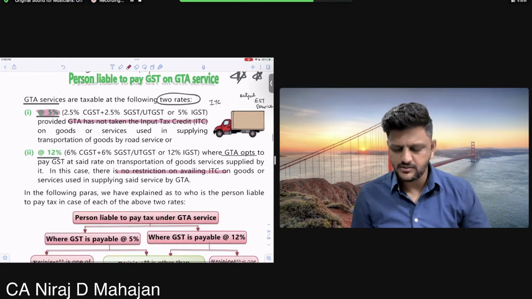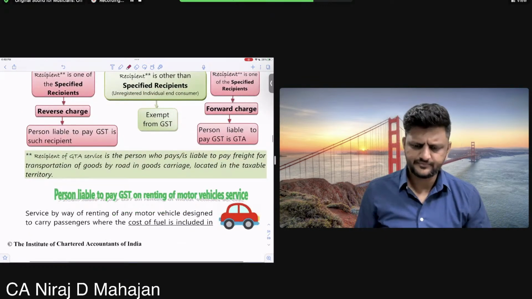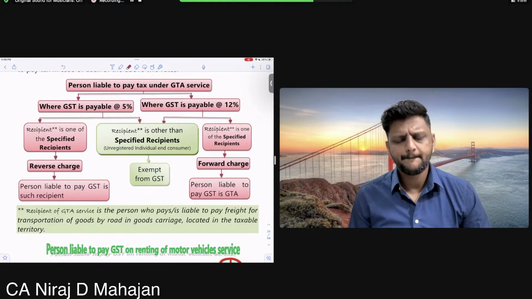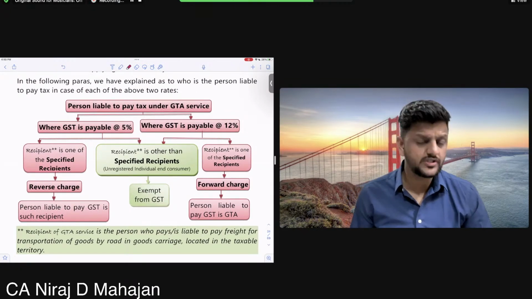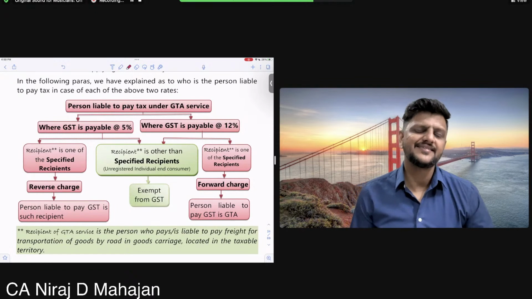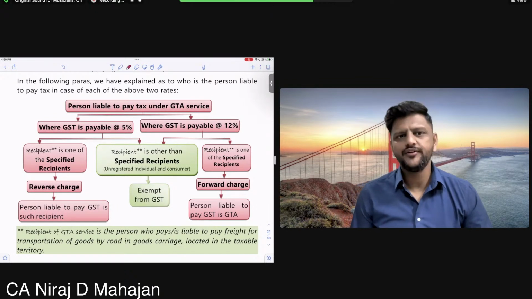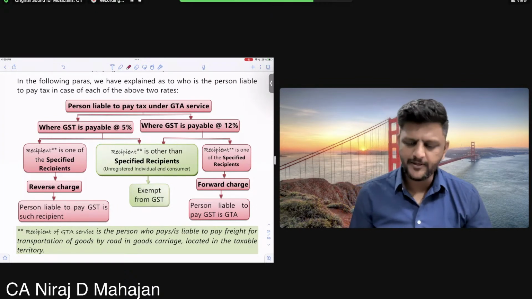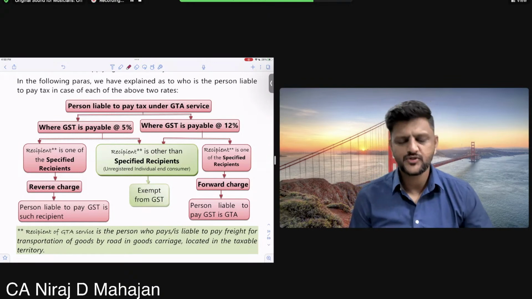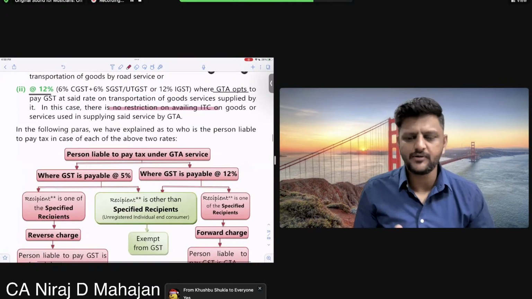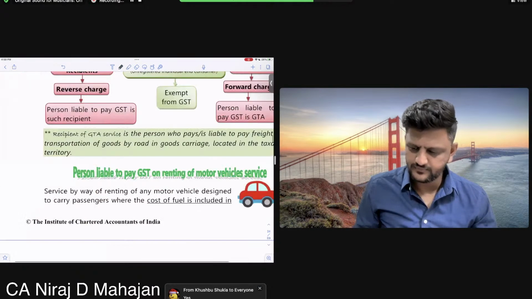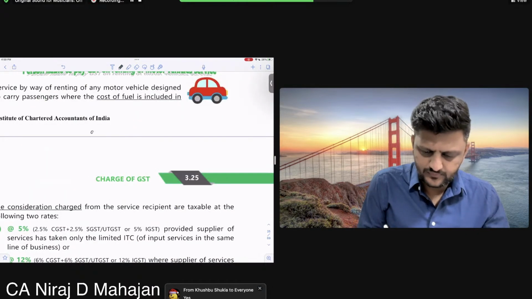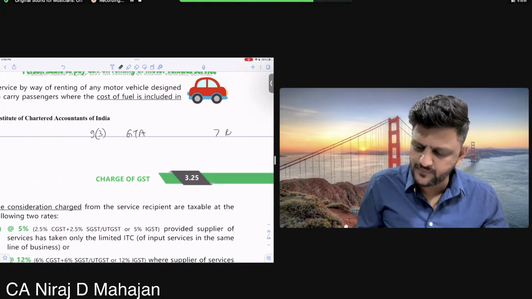In the following paras we have explained as to who is responsible or who is the person liable to pay tax in case of each of the above two rates. Okay, everybody? Ready? Sure. What did we just now see in RCM 9.3? 9.3 only we saw, no? GTA to those 7 recipients.